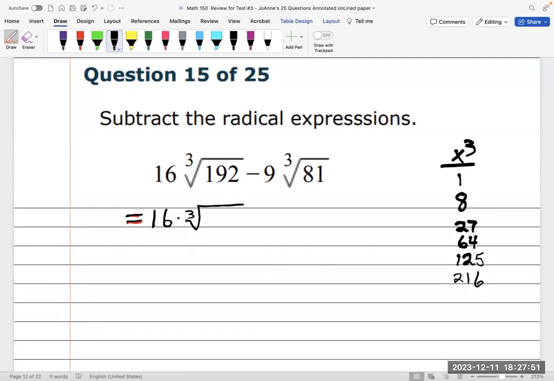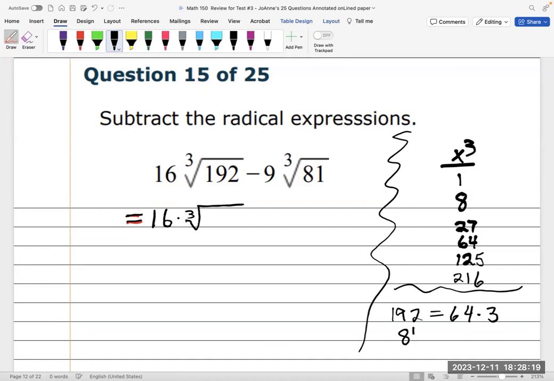Grab the calculator, 192. What can I divide 192 by? 192 divided by 64 is 3. So here's my scratch work. I grabbed my calculator and found out that 192 is the same thing as 64 times 3. 81 is the same thing as 27 times 3.